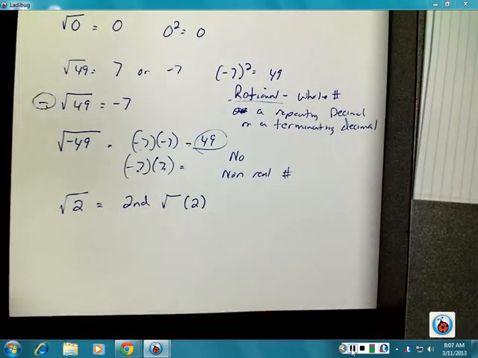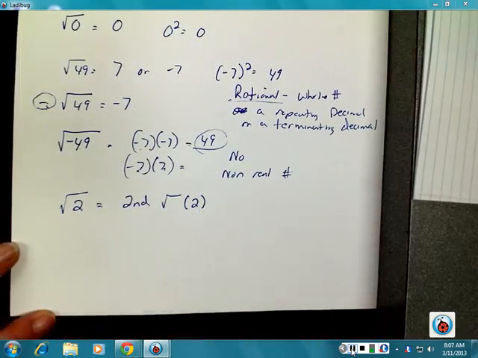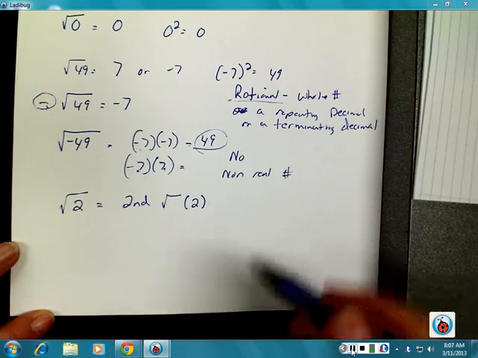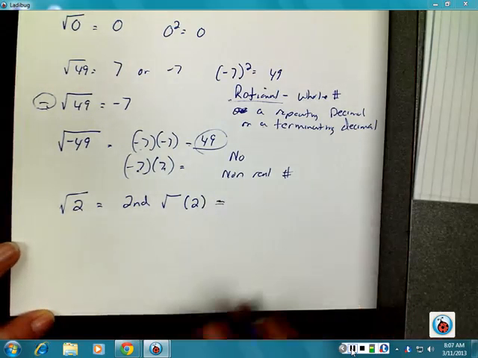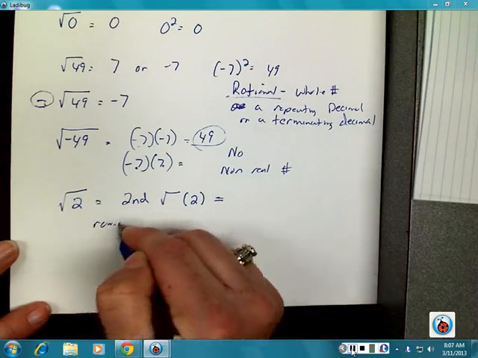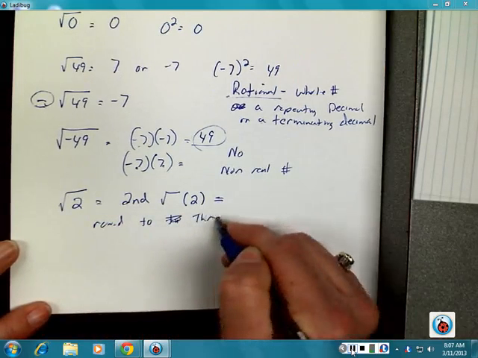So get in that habit of closing these, because as we move on with other stuff later on, you're going to need to make sure that you get that closed in there, because if you close it, then you'll know that you're going to get your correct answer out of it. And then hit enter to get your equals. And it'll tell you round to 3 decimal places.